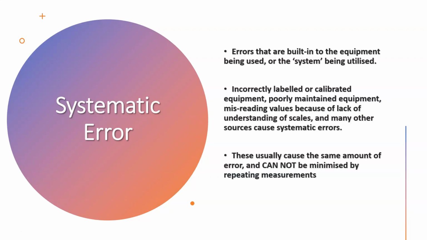So it's really important that you distinguish between the random error and the systematic error. These usually cause the same amount of error and cannot be minimized by repeating measurements, because if you've got an error in the equipment that you're using, it's going to be present for all of the measurements that you take.